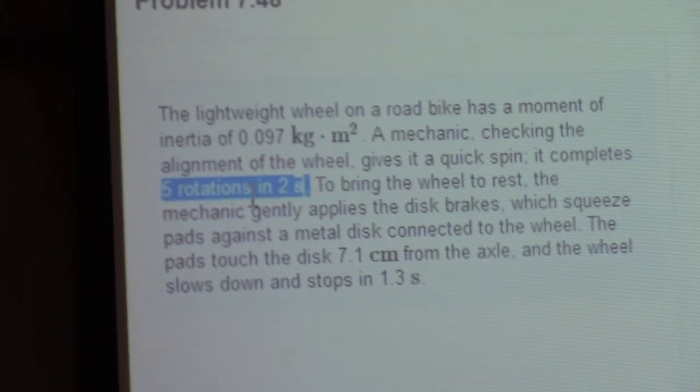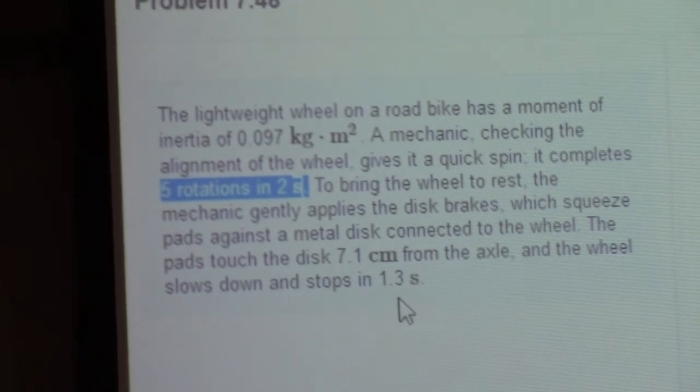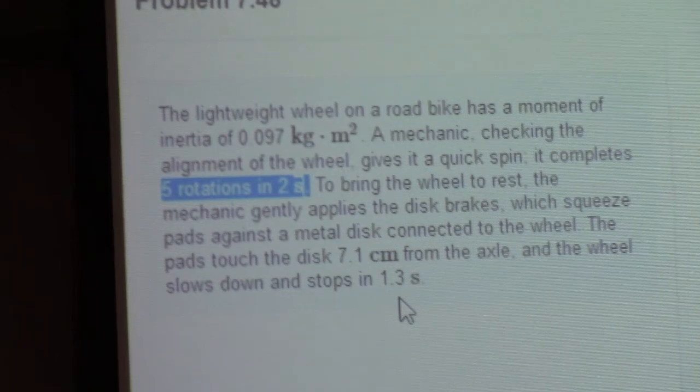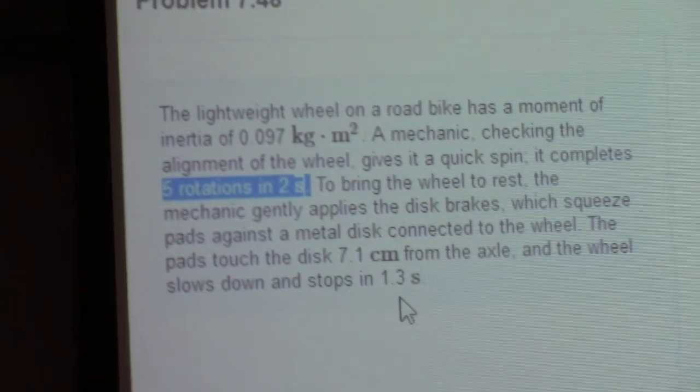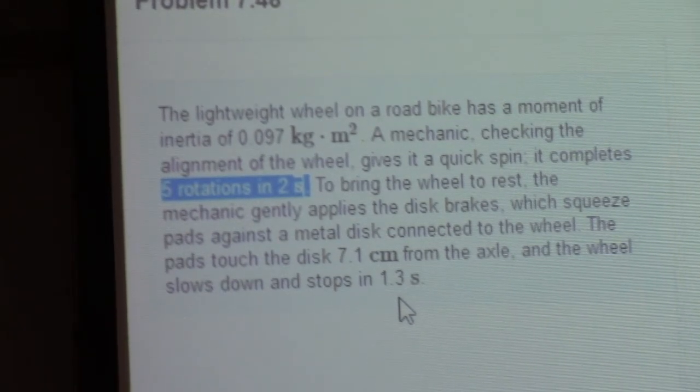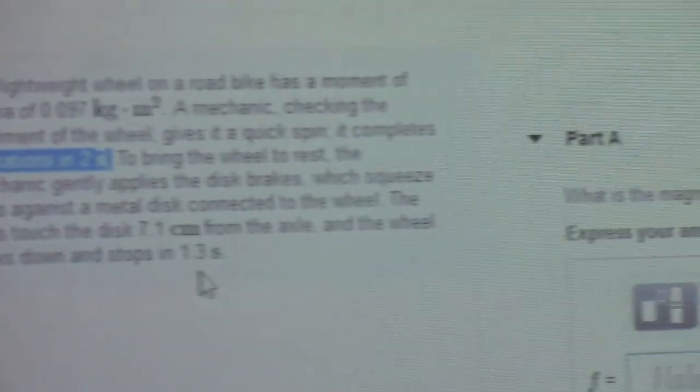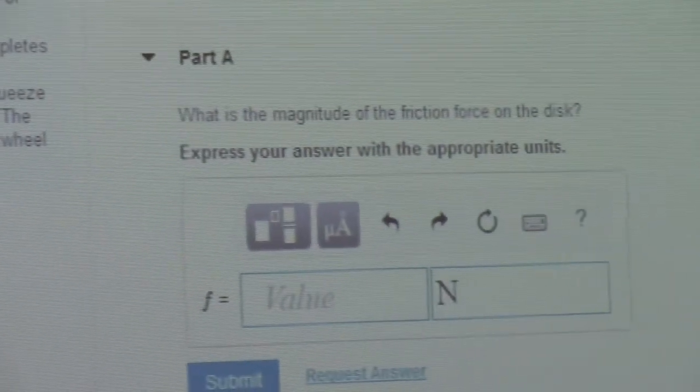Then we go from whatever that is down to 0 in 1.3 seconds. So it slows down. There's an angular acceleration. What causes that? Well, it's the net torque because of the frictional force. So there's a lot of layers in this problem. Okay? Let's see what we can do with this.